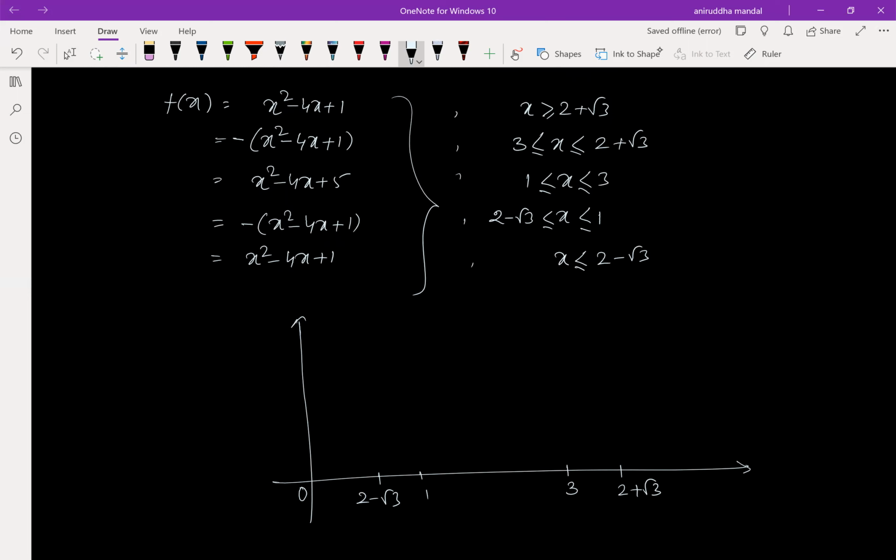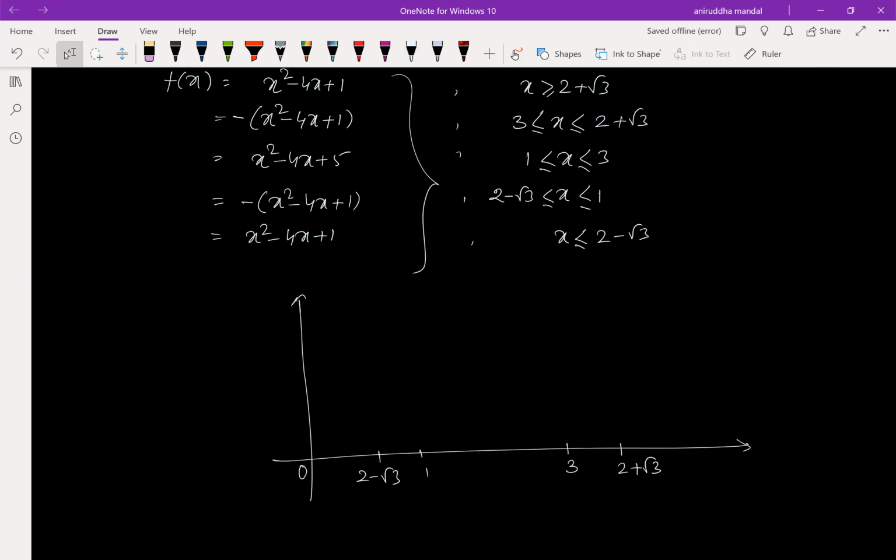Now x square minus 4x plus 1. Okay, so this is positive, which means this will cut at this point. So greater than or equal to 3, this is positive. Positive means this will go like this.